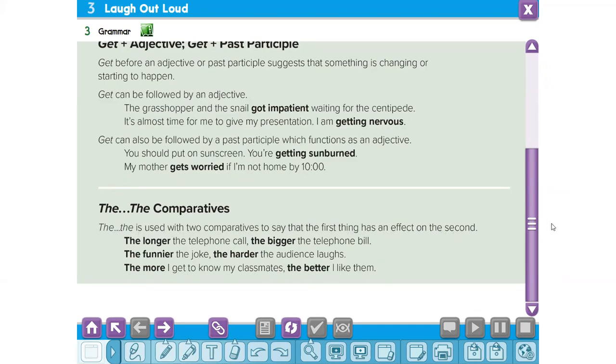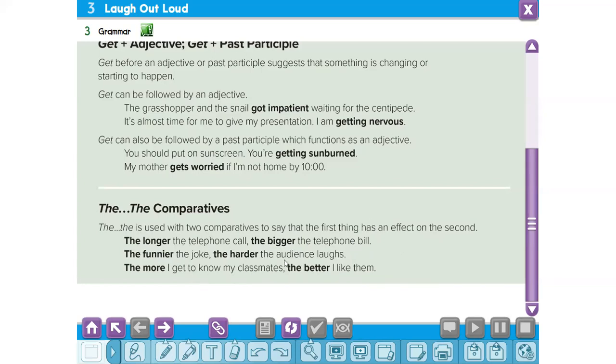For example, the longer the telephone call, the bigger the telephone bill. It means when you talk longer and longer on the phone, you're going to give lots of money. Okay, my friends.